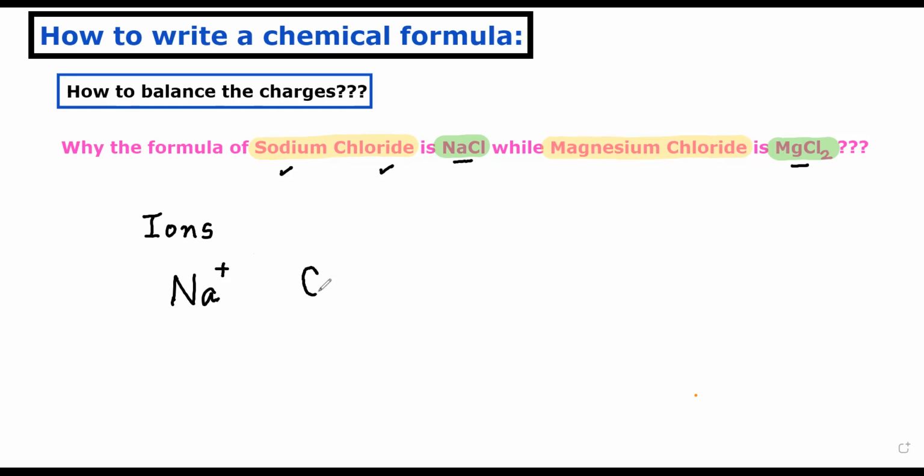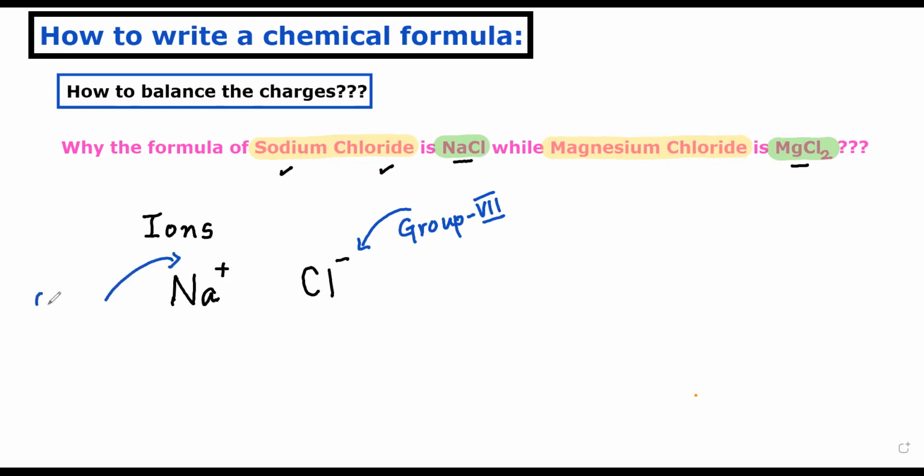Then the chloride ion, Cl-, has minus 1. It belongs to group 7, which means it has 7 electrons and gains 1 electron to complete its valence shell. That gives it minus 1 charge.